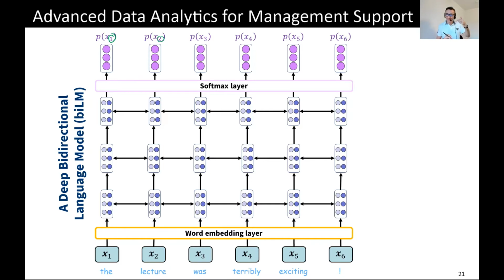But actually, this argumentation does not work out if you think about the backward path, where your input is x6, for instance, and then your output for the backward path should be P of x5. So what I'm trying to say is, no matter how you pick your notation for the bidirectional LSTM or for the bidirectional model, I would not know how to get it right without introducing too many indices and superscripts.